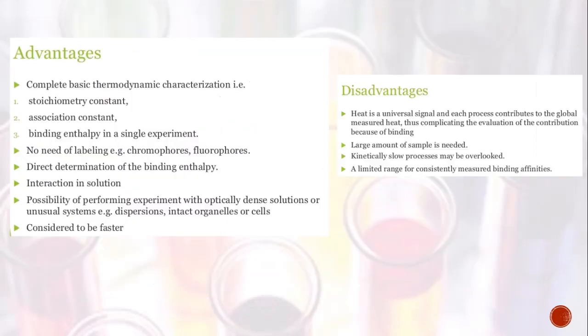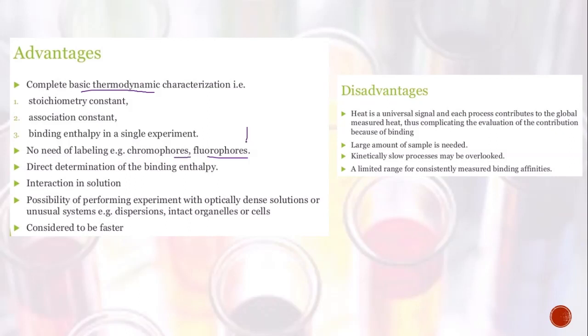Yeah. The advantages of this are that you can get a basic thermodynamic characterization, getting the stoichiometric constants, association constants, and binding enthalpies within a single experiment. Then we don't need to do labeling with fluorophores or chromophores.